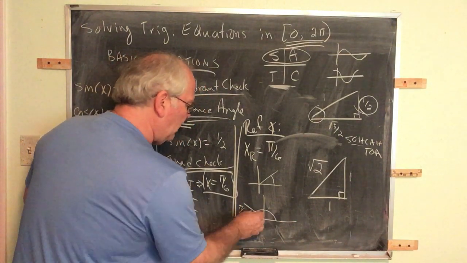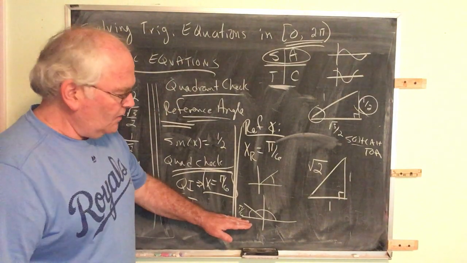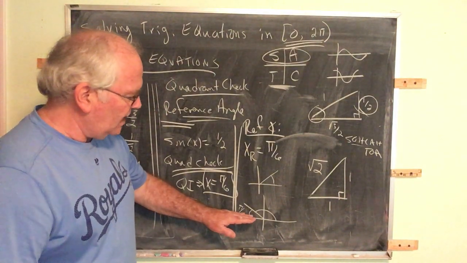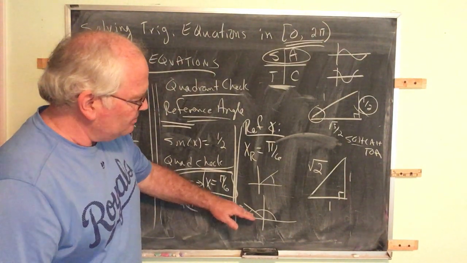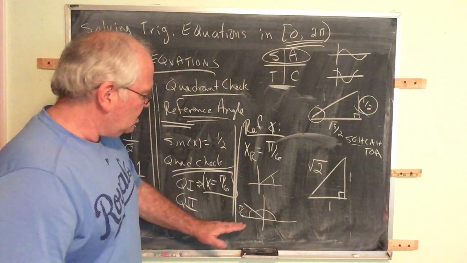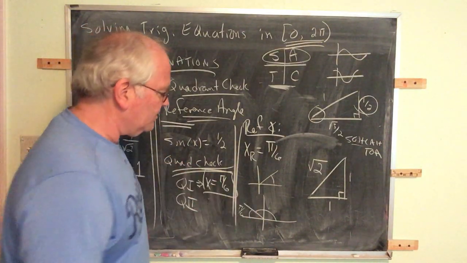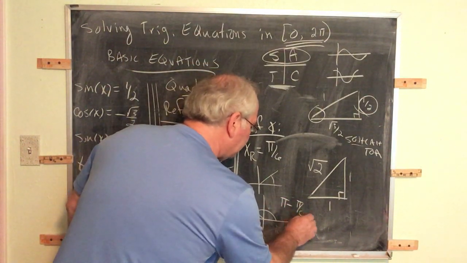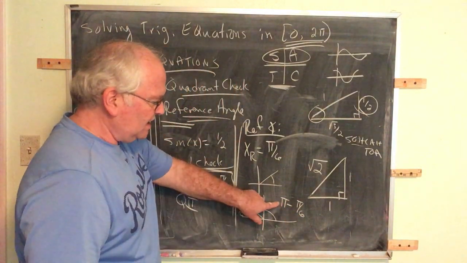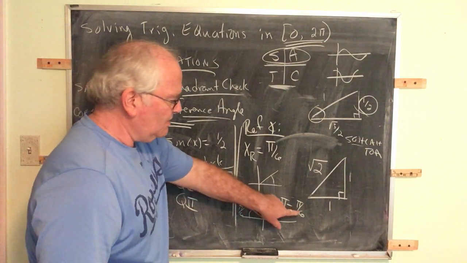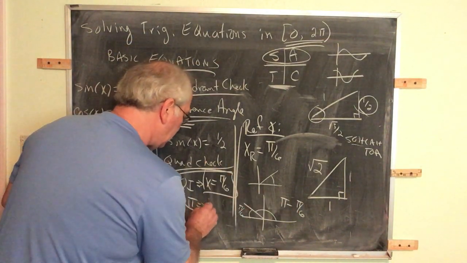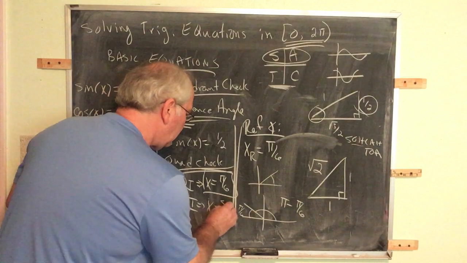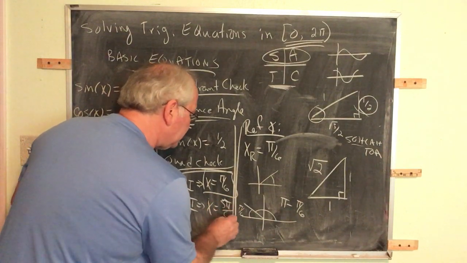In quadrant 2, to find the angle itself, you take pi and subtract off the reference angle. So we want pi minus pi over 6. That's 6/6 minus 1/6, 5 pi over 6.